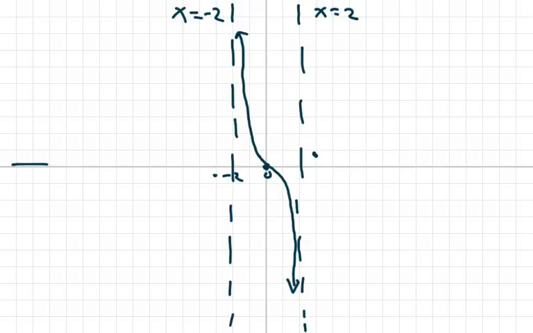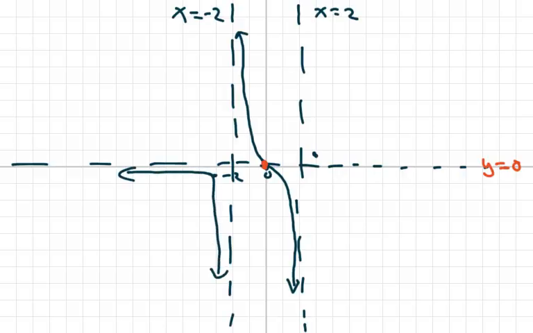And we have a horizontal asymptote. That's where it's crossing the horizontal right here at y equals 0. So I'm going to graph this here, and I graph this here. So this graph was symmetric to the origin.